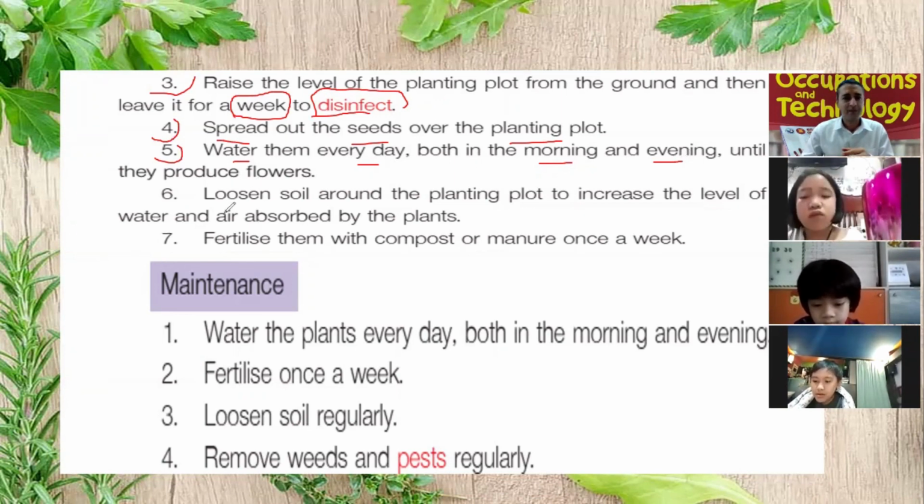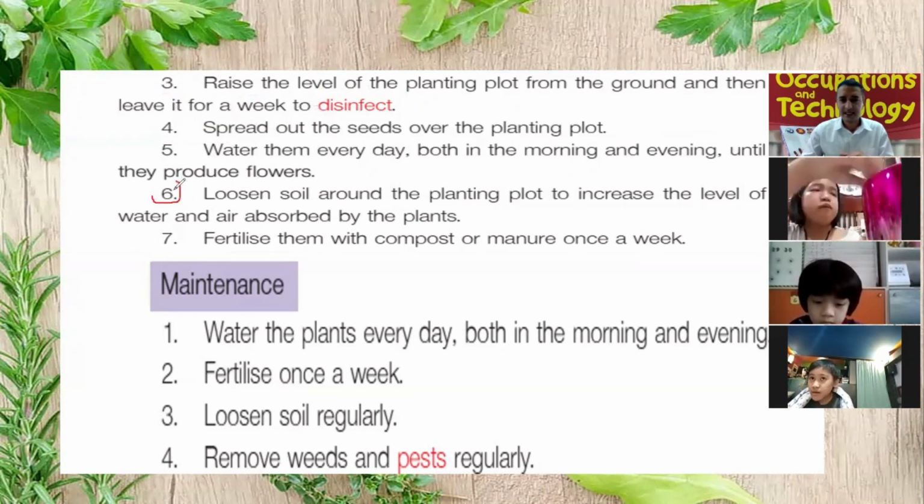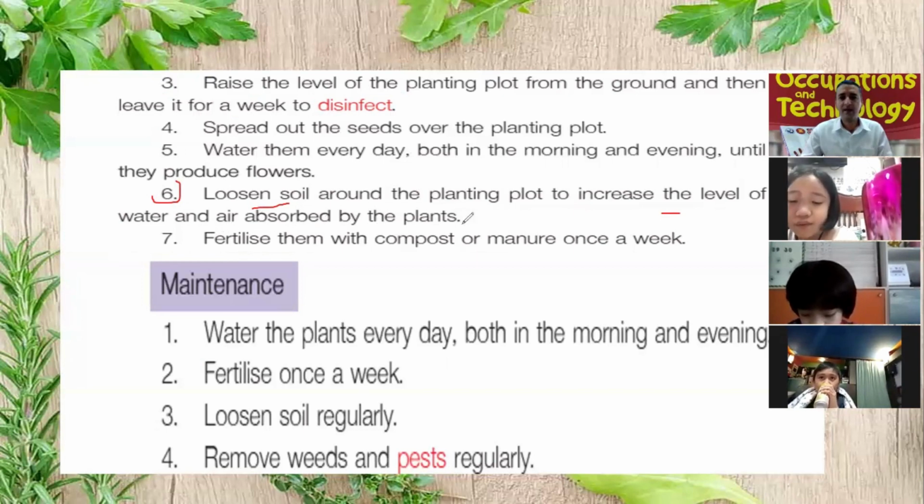Now, step number 6, we have to make sure to loosen the soil of the planting plot, to increase the level of water and air absorbed by the plant. With the help of a hand fork, we have to make the planting plot loose.